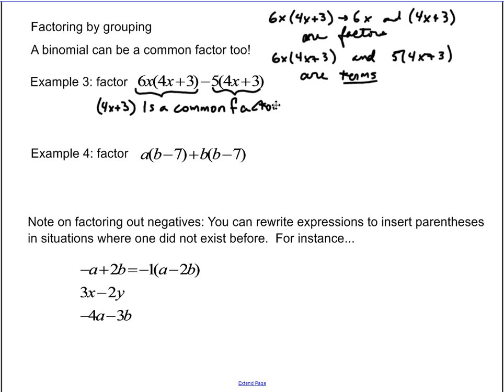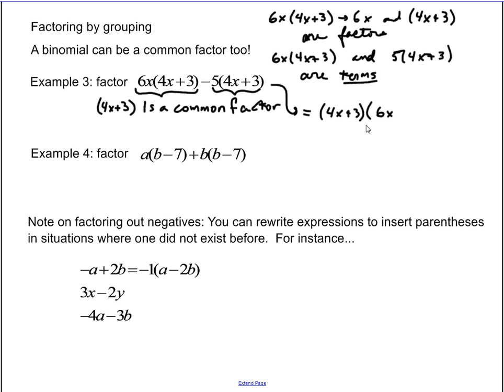So how would we treat it? In this case, the way we're going to treat it is just like we treated other factors in our previous examples, and that is to say that 6x times whatever the common factor is minus 5 times that common factor is going to be equal to the quantity 4x plus 3 times, from the first part of the quantity, 6x.